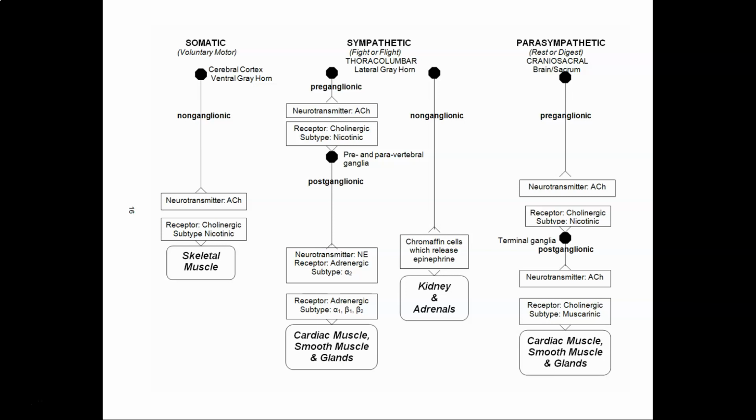The acetylcholine to muscarinic receptors have a negative inotropic effect, slight. It decreases the strength of contraction, not very much, but a little. And then they also have a negative dromotropic effect. They decrease the conduction velocity through the heart. So that's kind of an overview of the schematic of the efferent motor system, comparing the somatic with the sympathetic and the parasympathetic.